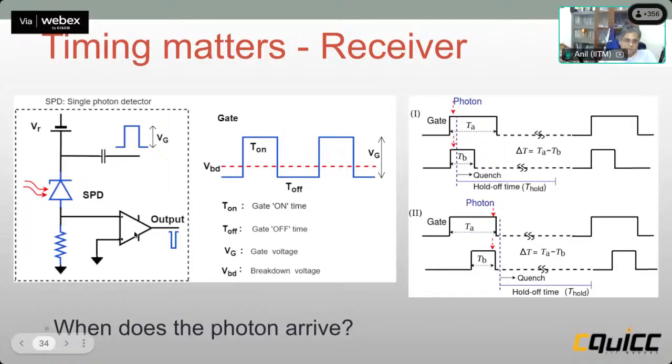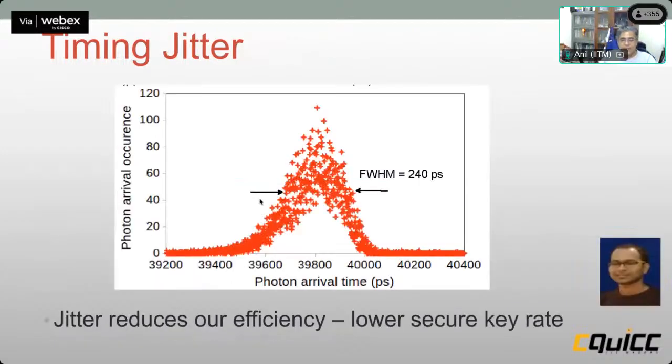And this idea we can then use to determine when the photon arrives. Does the photon arrive at the start of the gate? Does it arrive at the end of the gate? When should the photon arrive, right? And here you will see that we are able to say that the photon arrives with an accuracy of about 250 picoseconds.